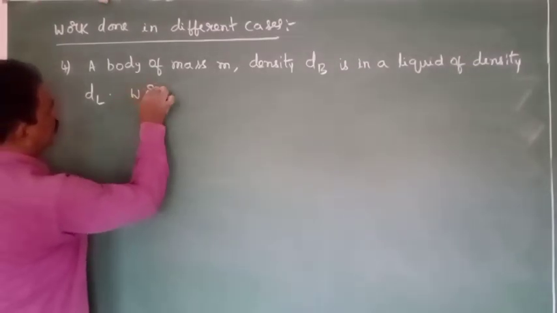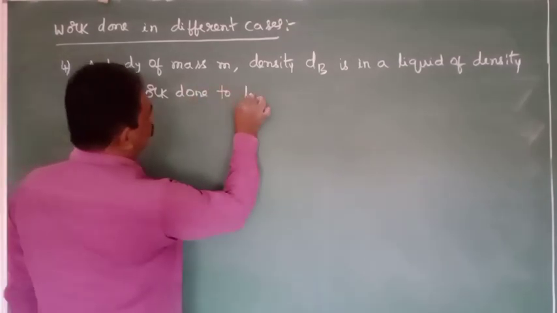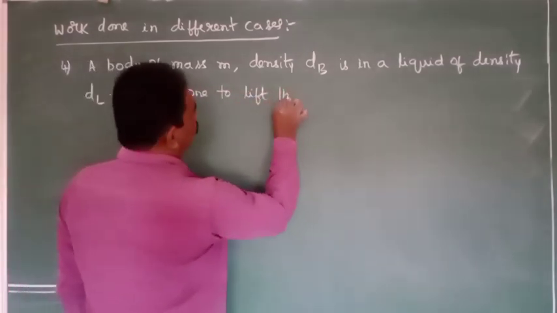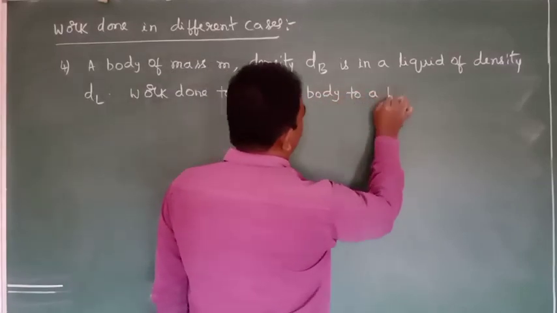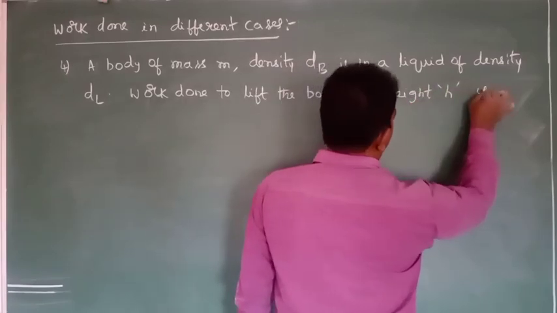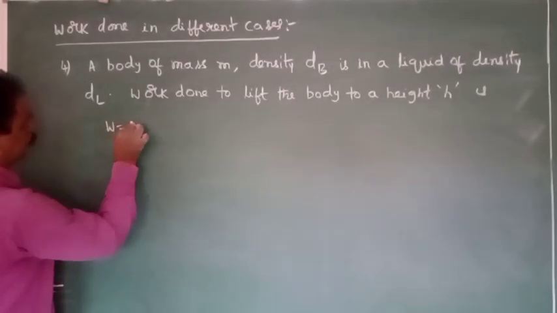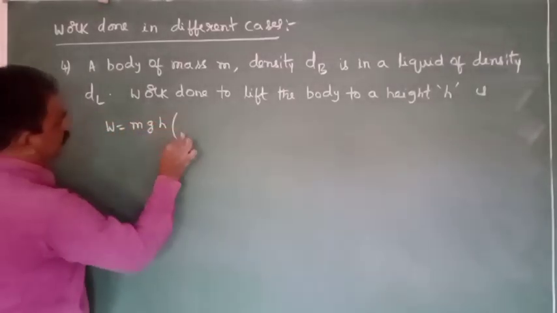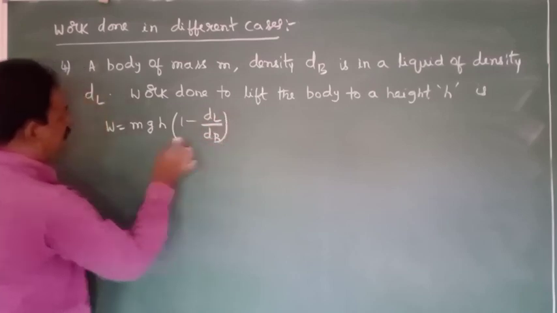Work done to lift the body to a height h is W is equal to mgh into 1 minus dl by dB.